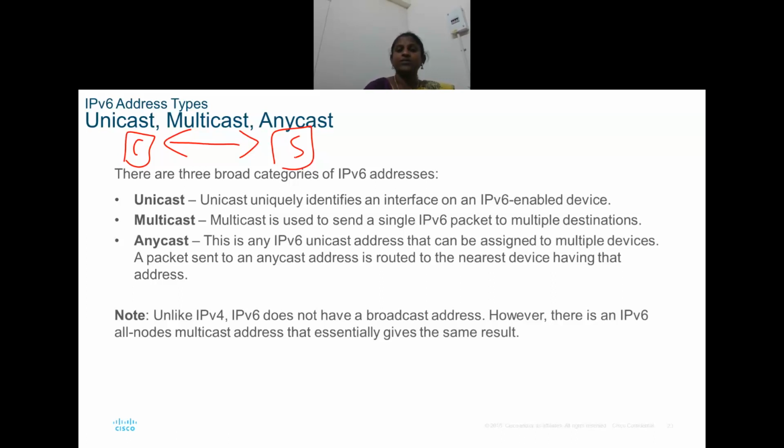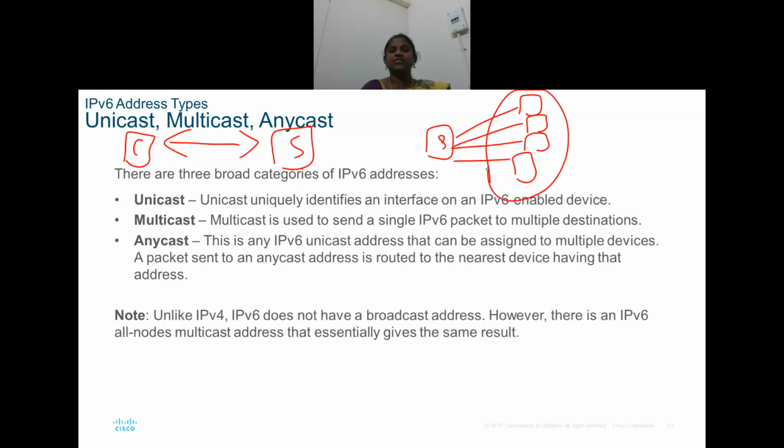Multicast is where a single server sends messages to many clients, or to a group that receives the messages. Multicast is used to send a single IPv6 packet to multiple destinations, so you send it to many.